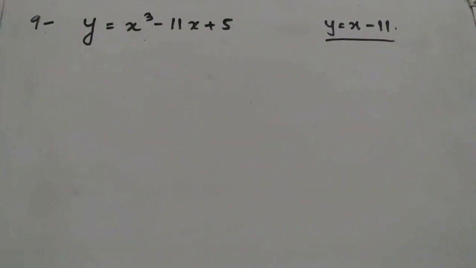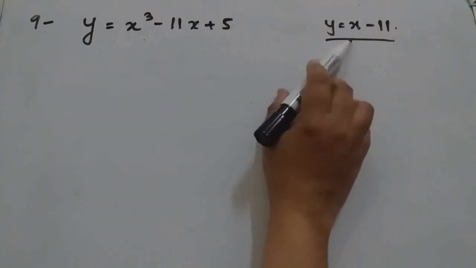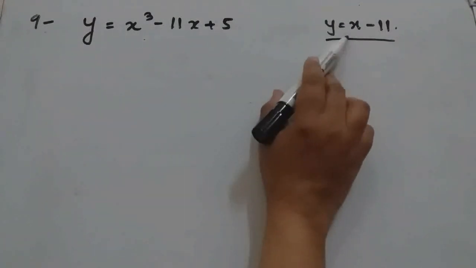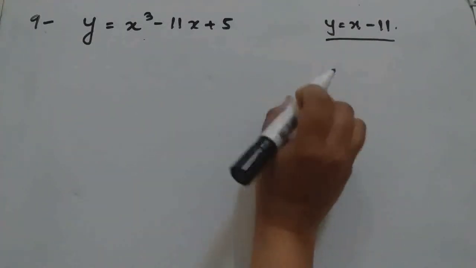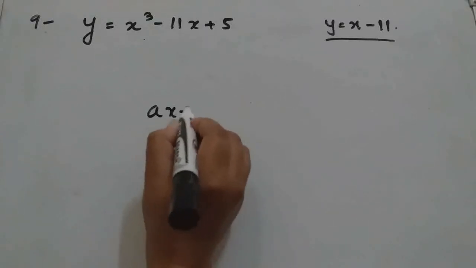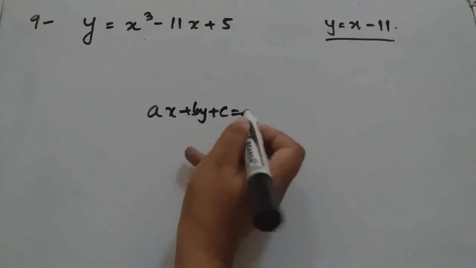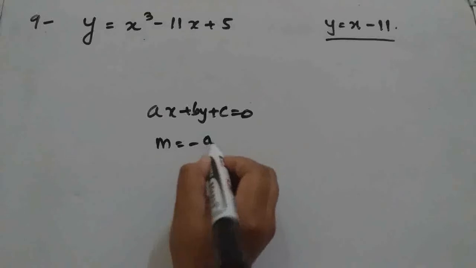Question number 9. y is given as x cube minus 11x plus 5, at which the tangent is y equal to x minus 11. Okay, so now this is the tangent. So slope of the tangent we can find by using formula minus a by b. Since we know ax plus by plus c is the standard form of the line, m will be minus a by b.